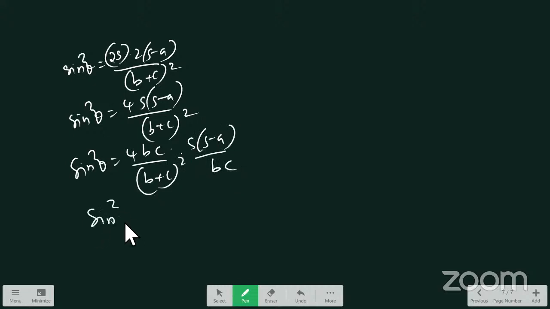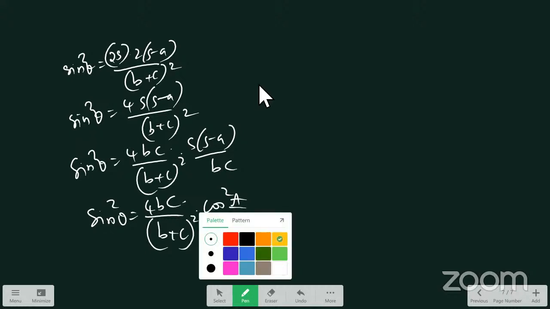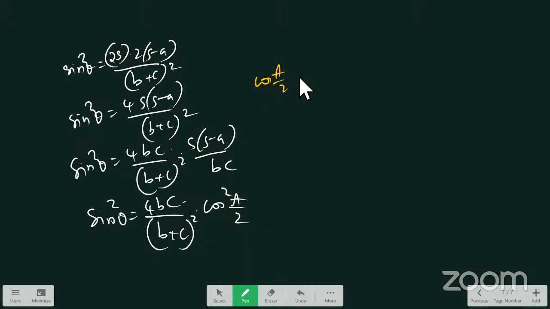So sin square theta equal to 4bc by (b plus c) whole square into, this is cos square A by 2. What is cos A by 2? Cos A by 2 is under root of s into (s minus a) by bc. Is it clear?